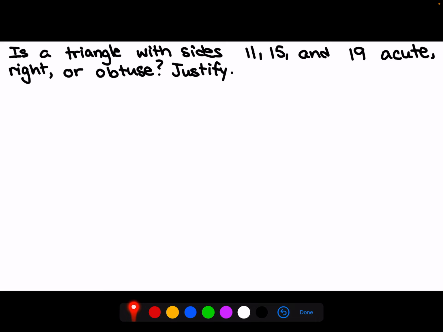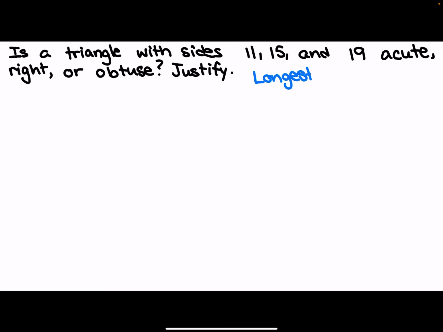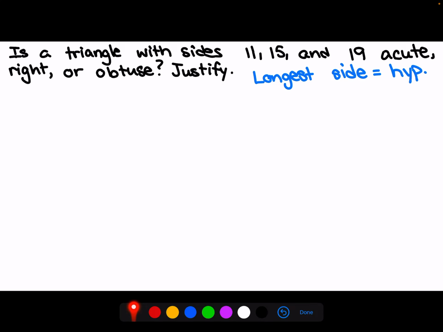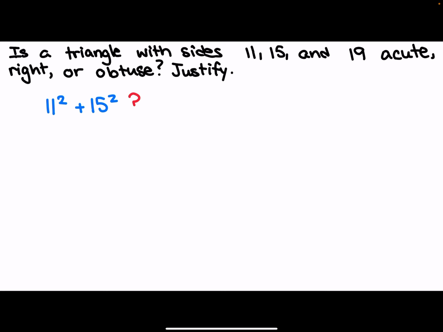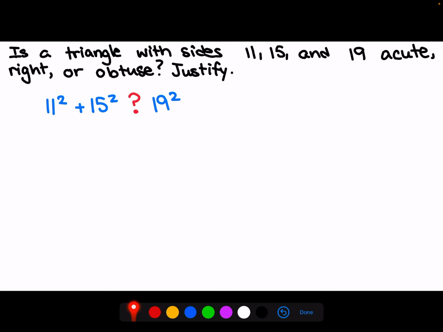The most important thing when you're starting out these types of problems is to determine which side is your hypotenuse. And that'll always be the longest side. So in this case, it's 19. 19 is our hypotenuse, so 19 will be on one side of the equation by itself. So therefore, we have 11 squared plus 15 squared, mystery 19 squared.